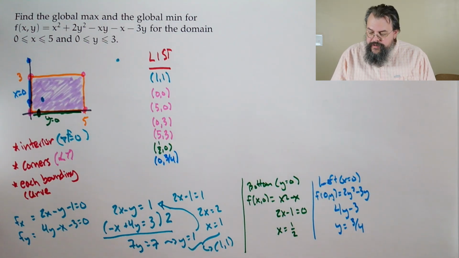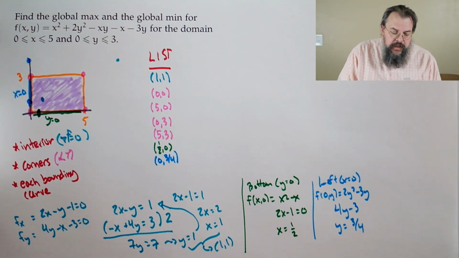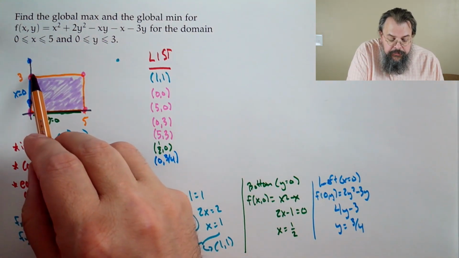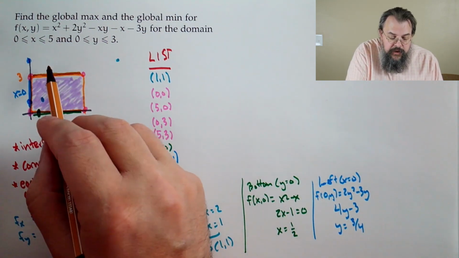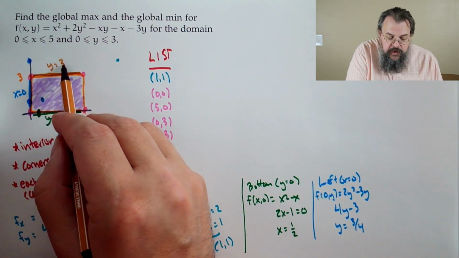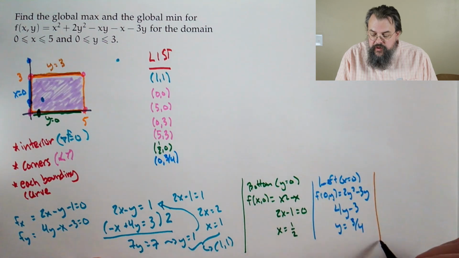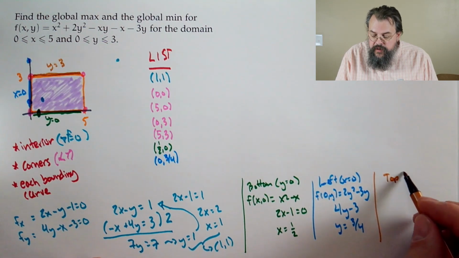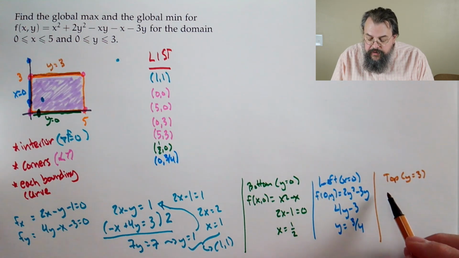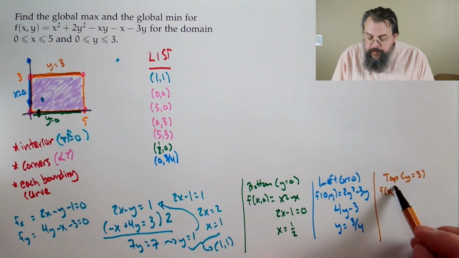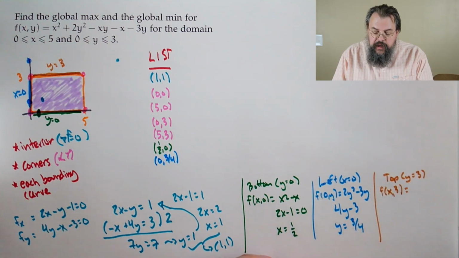Well, let's keep going. How about the top? Up here, what do we have? At the top, that corresponds to when y equals 3. So the top, y equals 3. That's f(x, 3). Everywhere where we see a y, we put 3 now.